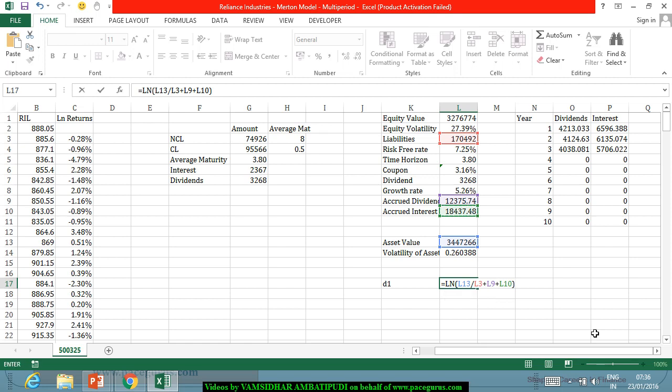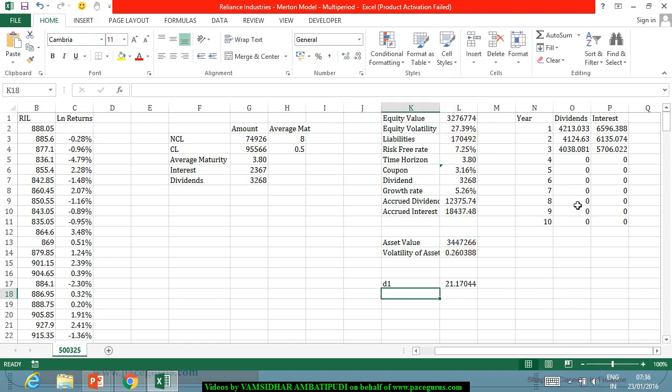So log AT divided by L plus D plus I, plus R plus sigma squared by 2, where sigma is the asset volatility, times T minus t, with T coming out to 3.8, and I close the brackets, this entire thing divided by sigma root T. So sigma is the volatility of the asset times square root of T. This is my D1.